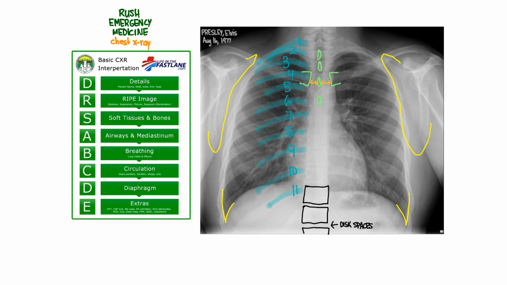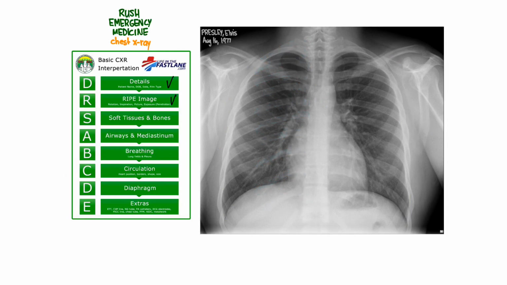So now that we've looked at the details and we have a RIPE film, now we can go on to looking at the rest. So the first thing we're going to look at is soft tissue and bones. You're going to want to look through all of the ribs to make sure there's no fractures in there and no lesions in there. You can look at the sternum, which is a little bit hard to see on here, but that's where it is. Make sure there's no fracture there.